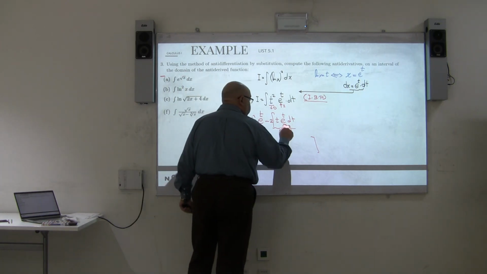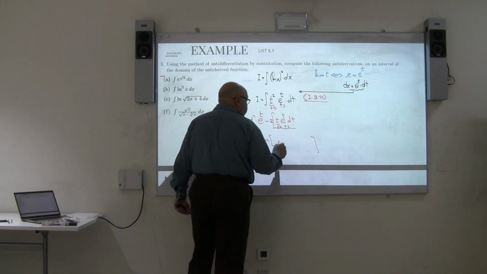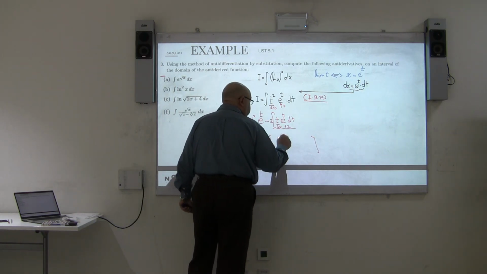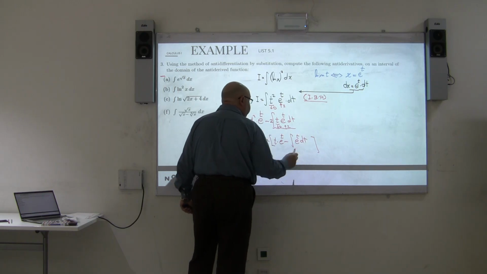Once more, e to the power of t will be integrated, while t will be differentiated. So integrating e to the power of t gives e to the power of t times t, minus the integration, t's derivative is equal to 1, and then I will have e to the power of t with respect to t.